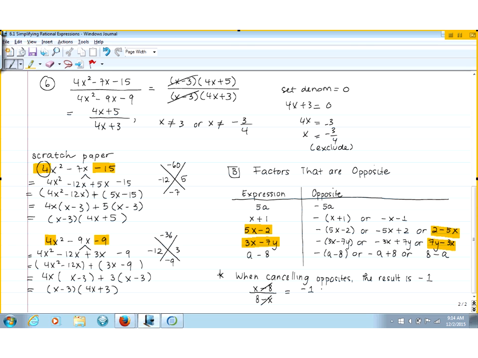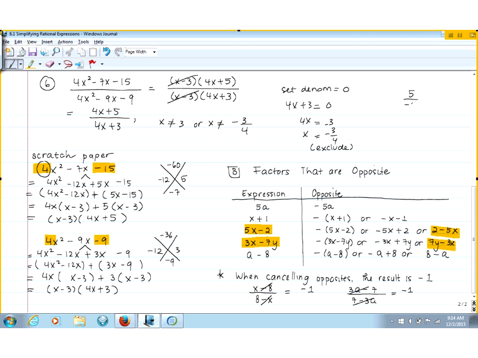Because they're opposites. Or if I have 3a minus 7 divided by 7 minus 3a, what will my answer be when I cancel? My answer will be -1 also.